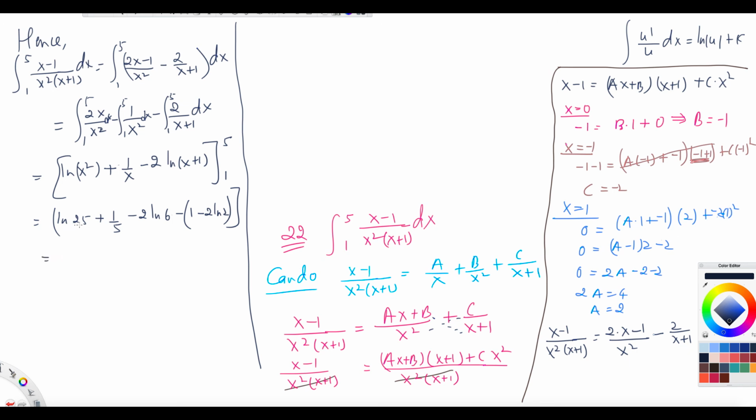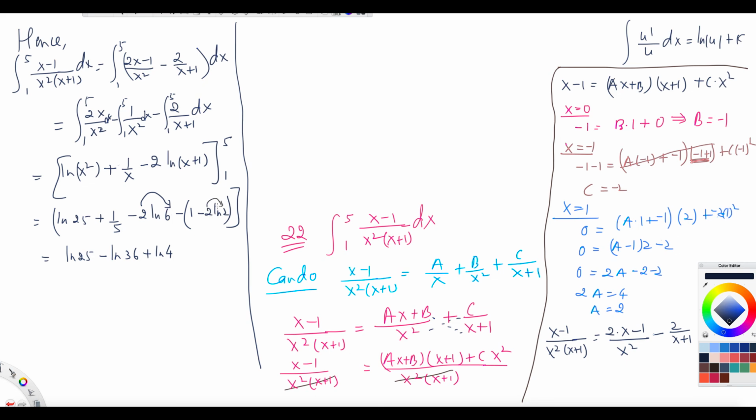So it is natural log of 25 minus natural log of 36. Why? Because that 2 you can write on the exponent. And then minus minus plus natural log of 4, because negative times negative will be positive.